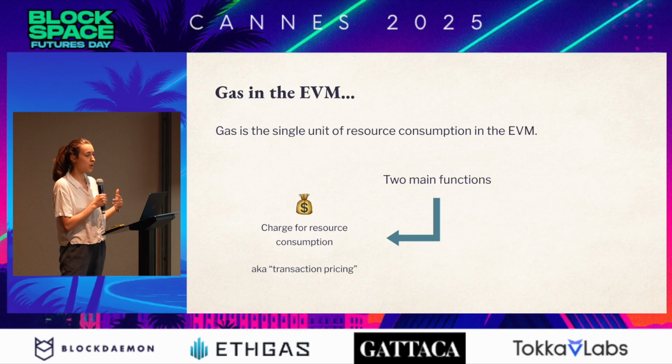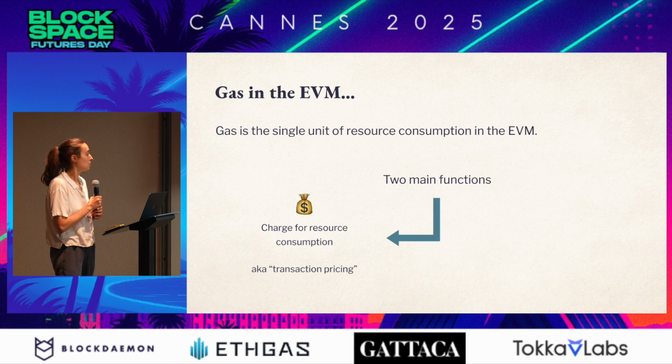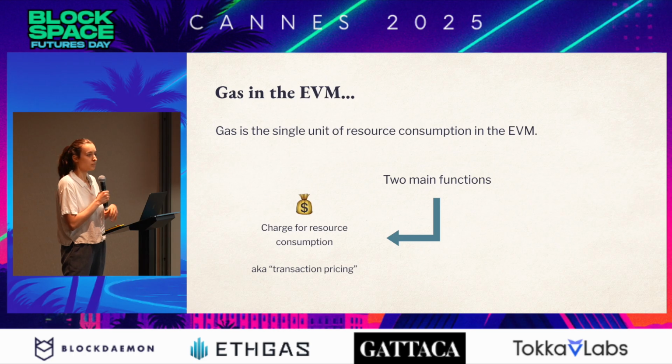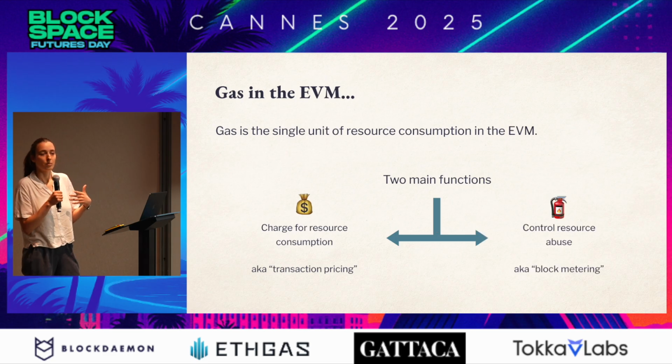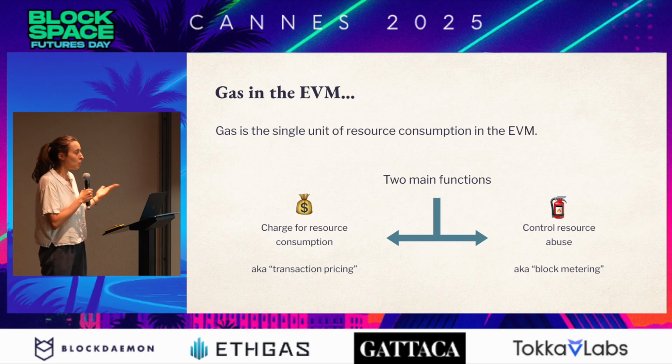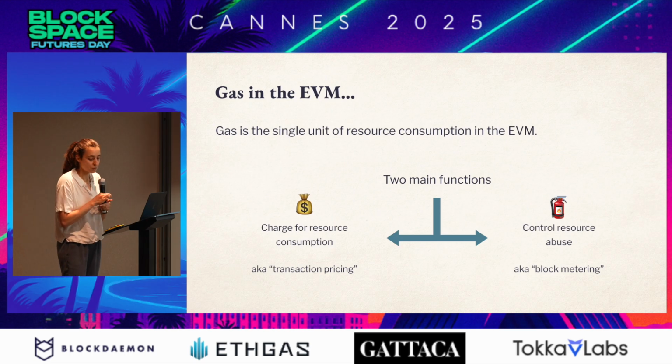So the more a transaction uses, the more it should pay in fees. And so gas is this measure that allows us to measure the resource consumption and then charge users for it. We can think of it as transaction pricing, right? Like we are using a model that tells us how much the transaction costs to execute.